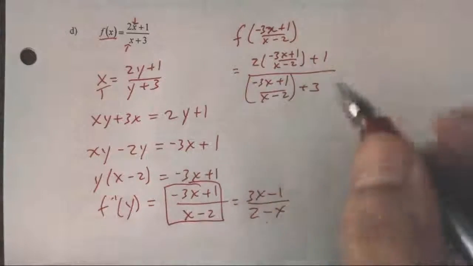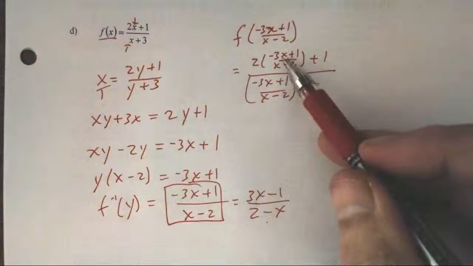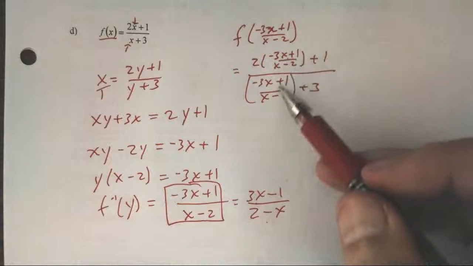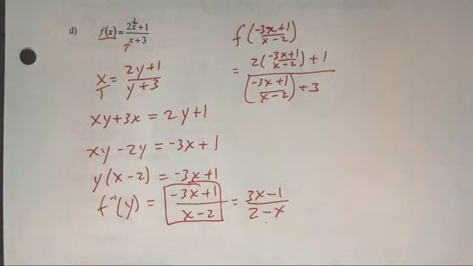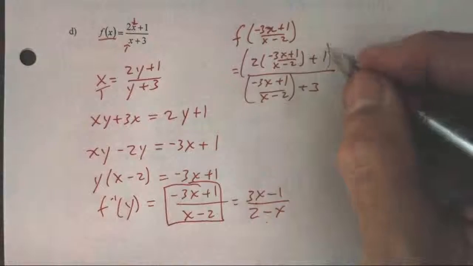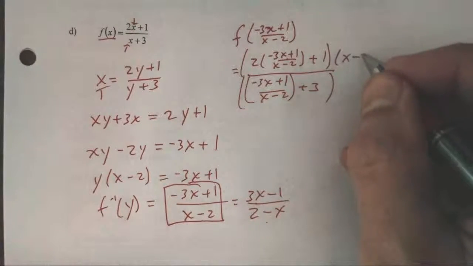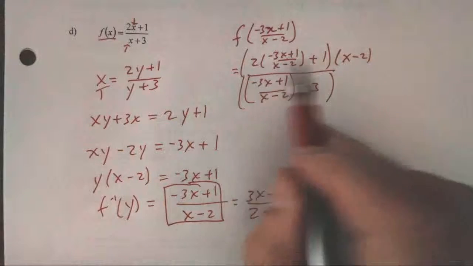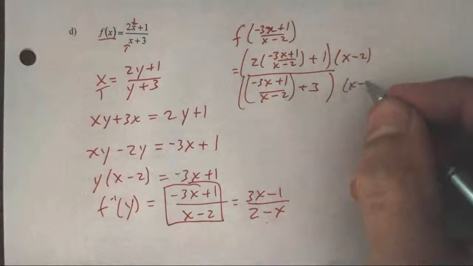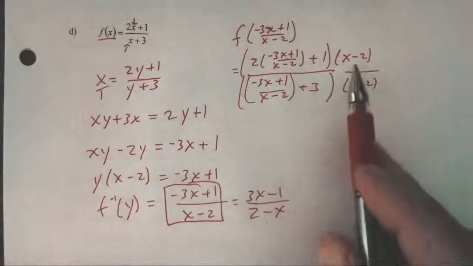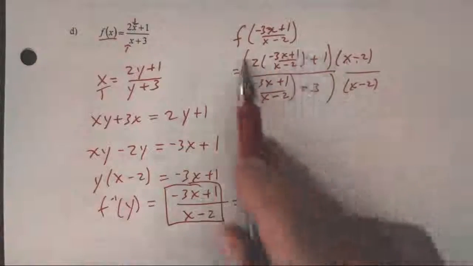We most certainly may not cancel these. This negative 3x plus 1 on x minus 2 is not a factor of the numerator or the denominator. We cannot cancel them. I would multiply top and bottom by my least common denominator out of this term, this term, this term, and this term. When I multiply, I'm going to distribute the whole x minus 2 to this whole first term.